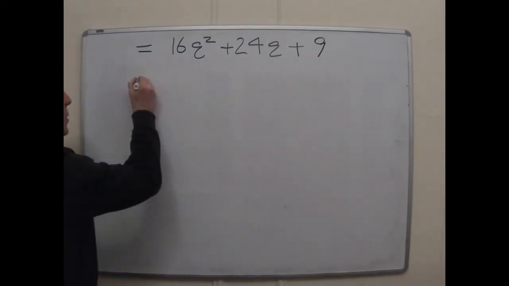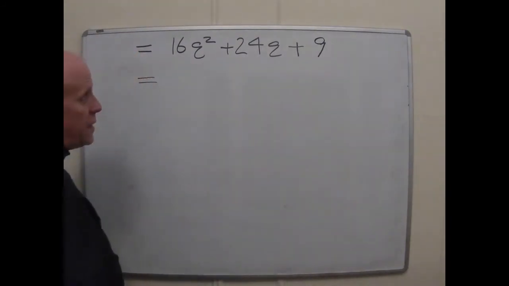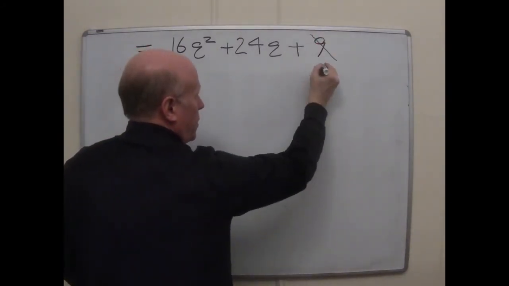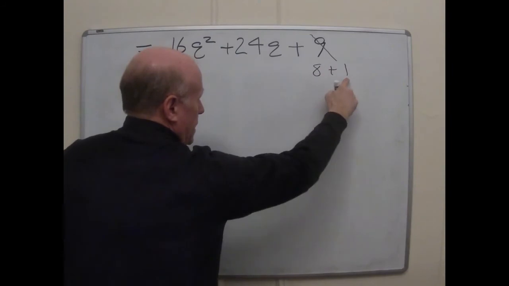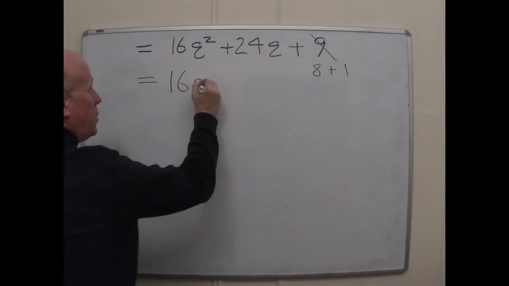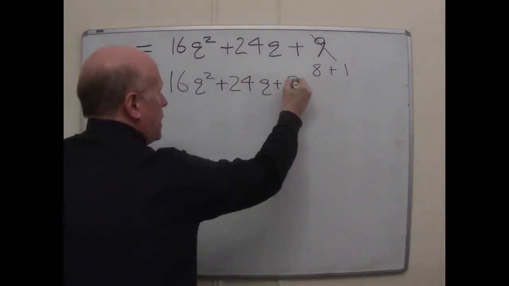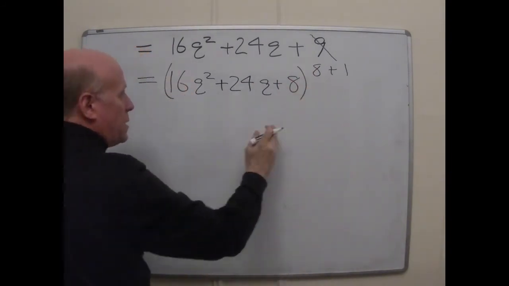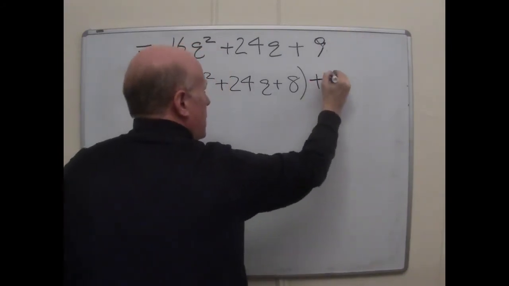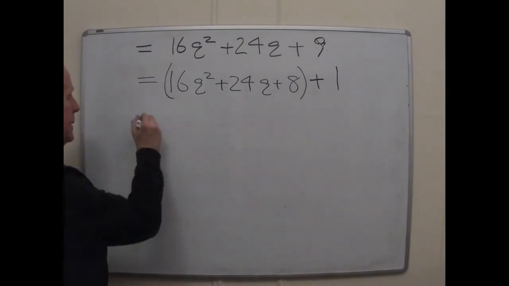So what we need to do is re-express this so that we take as many 4s out of that guy as we can. I'm just going to show you a little scrap work here. Think of this as 8 plus 1. 1 is going to be the remainder. So what we have here really is 16q squared plus 24q plus 8, group that stuff together, plus 1. And now the part in parentheses, you can factor a 4 out of each piece of that.